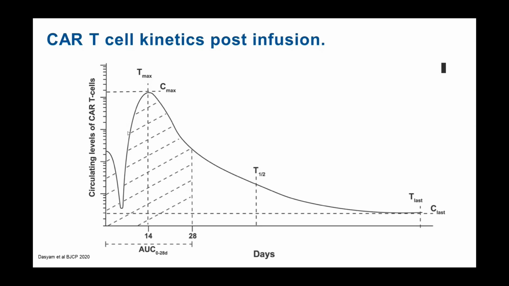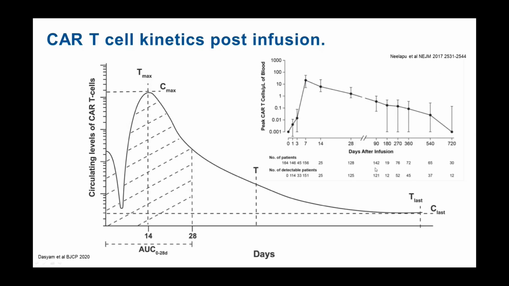And this expansion is maximal very quickly. And we reach this Cmax, as you see here at the top, at the latest, I would say, at about 14 days. And then over time, this actual peak number of CAR T cells wanes.